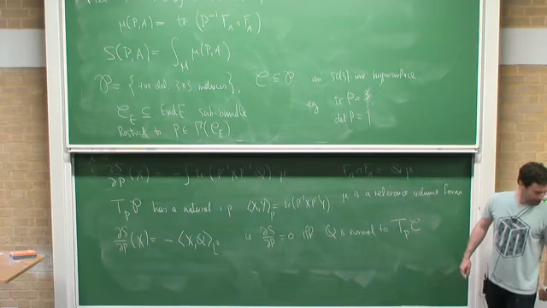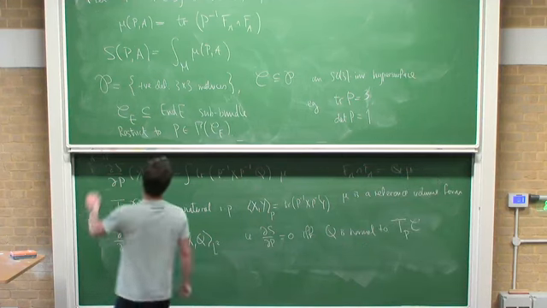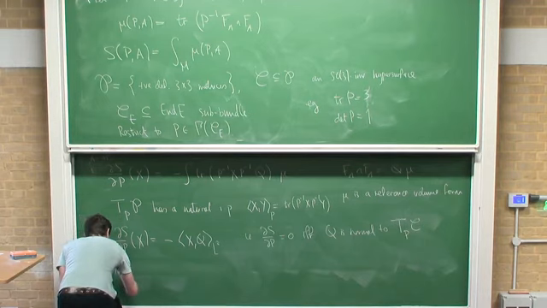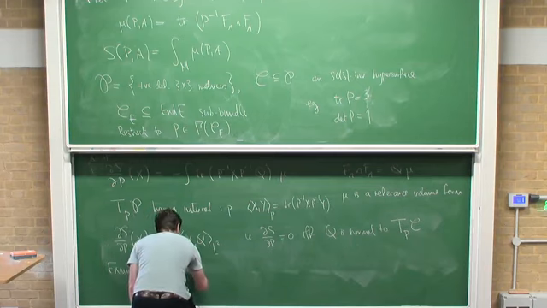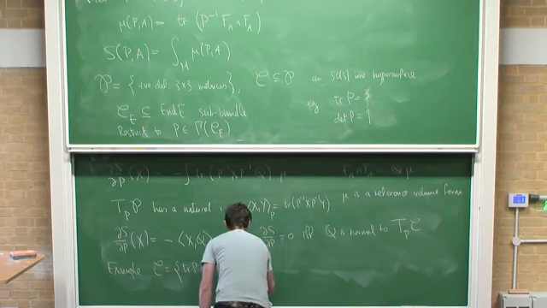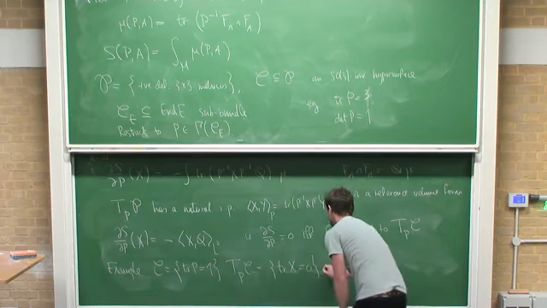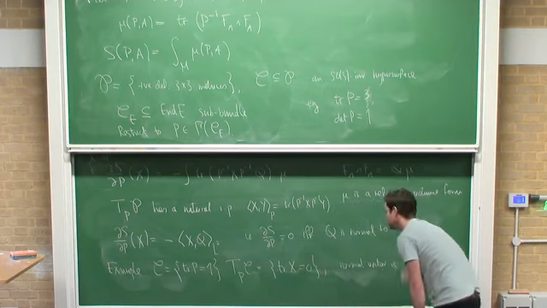So now let's see what happens when we look at trace of P equals a constant. Let me work this example out. So if C equals trace, is the set trace P equals 1, then the tangent space to P is of course trace X equals 0, and the normal vector is P squared.